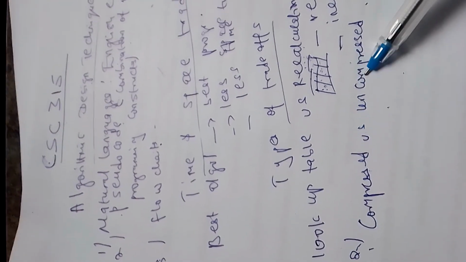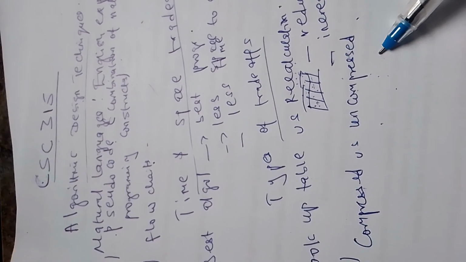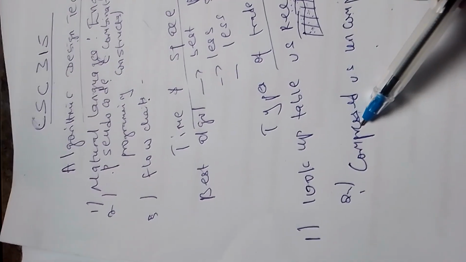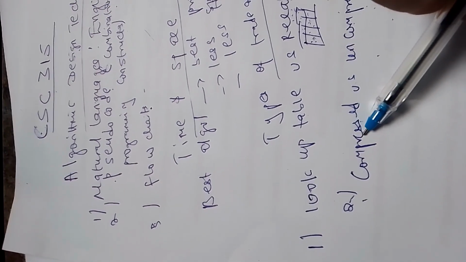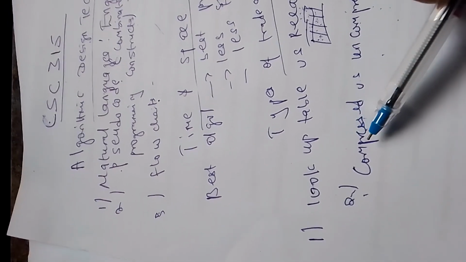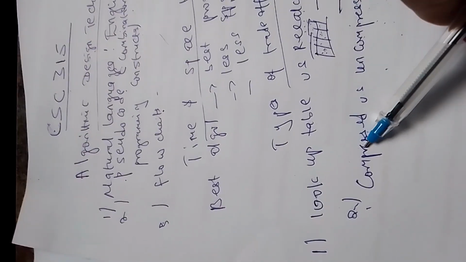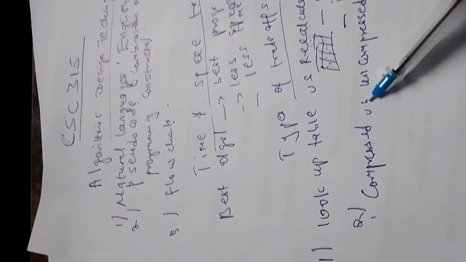But when it is uncompressed, it is scattered, so in that case you are not saving space. When your data is compressed, the problem is that it takes more time to execute or to unroll than when it is uncompressed.